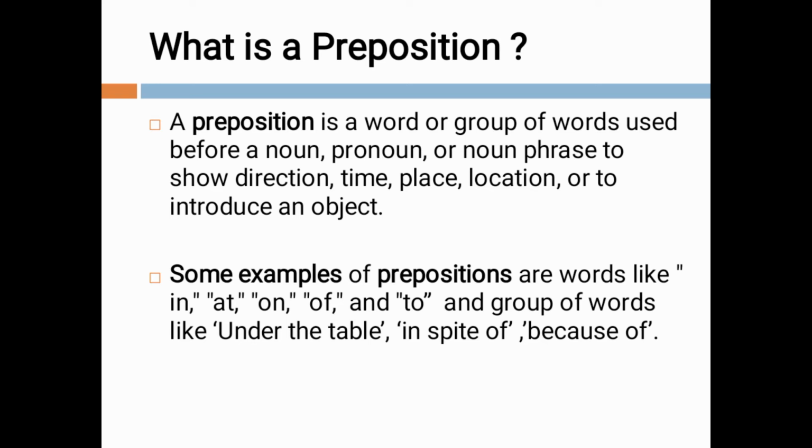Some examples of prepositions are words like in, at, on, off, and to. I have listed only a few words here children, and the next slide will tell you the detailed list. I have also given a few groups of words like under the table, in spite of, because of. So these are all called prepositions.